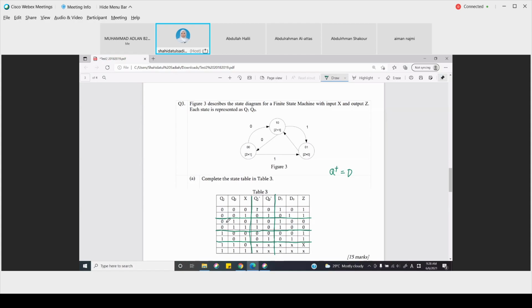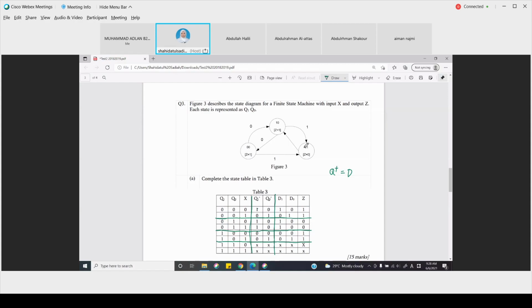And then when we are in state 0, 1, the output Z is always 0. So output Z is 0. Okay, and when the input is 0, 0, 1.